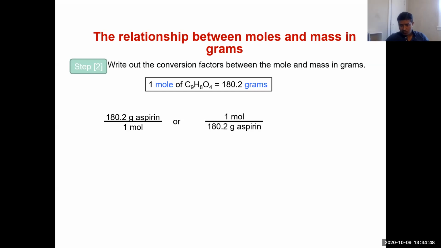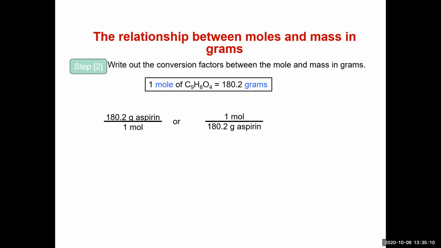Ahmad, go. I think the first one, the left one, would be the right one. That's what I think. I'm not positive here. Okay, all right. So the given unit is what? Oh, sorry. It's the right one.